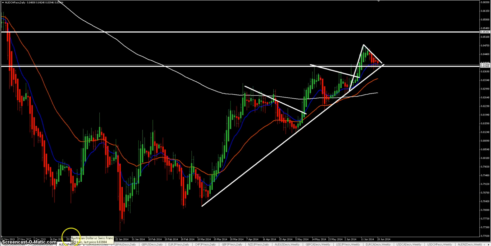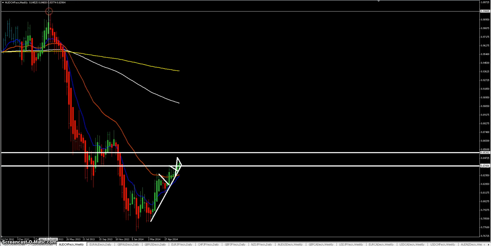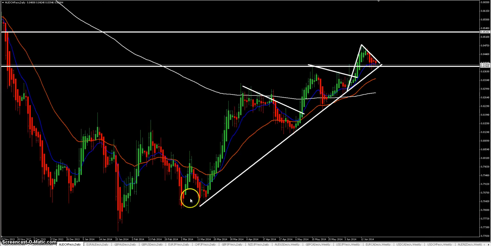Then Australian dollar CHF. On the weekly, we got that trend line break, price made a higher high, higher low, broke the weekly 2 to 3 line and EMA 36 and moved up. So on the daily we have 1, 2, 3, 4, 5, almost 6 touches on the daily trend line.